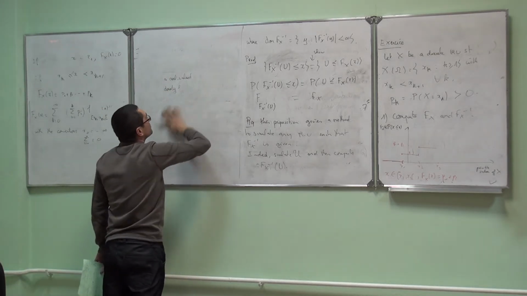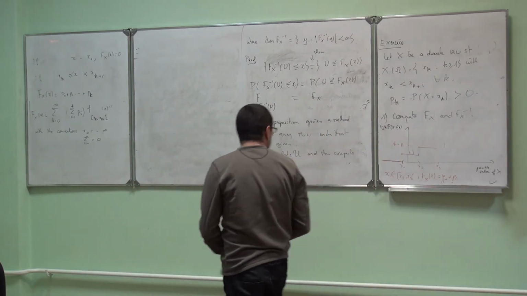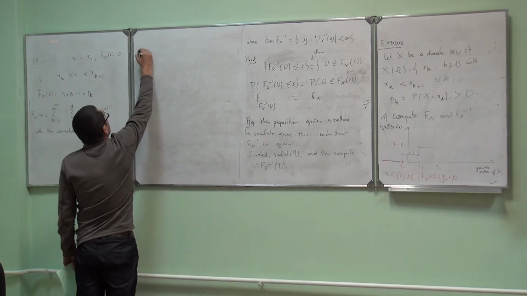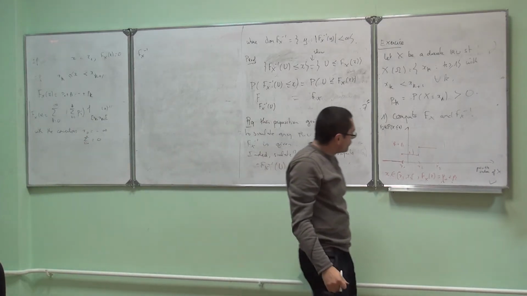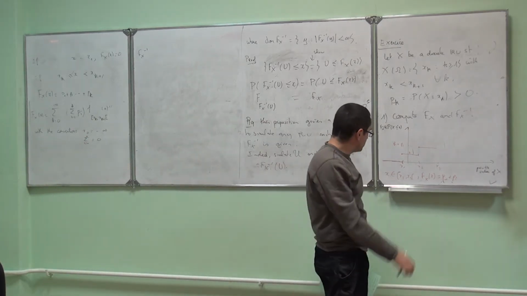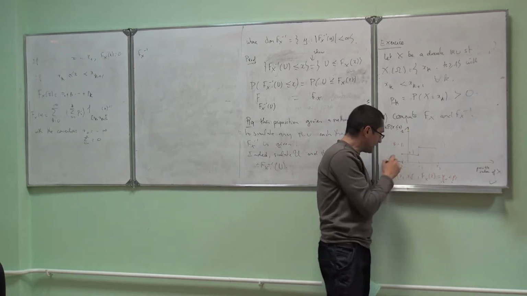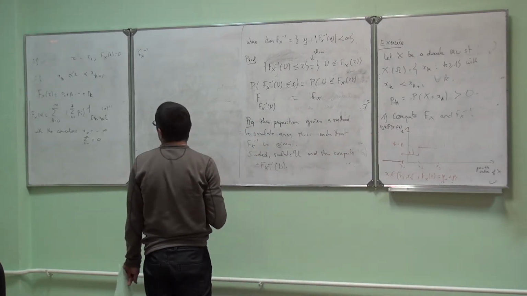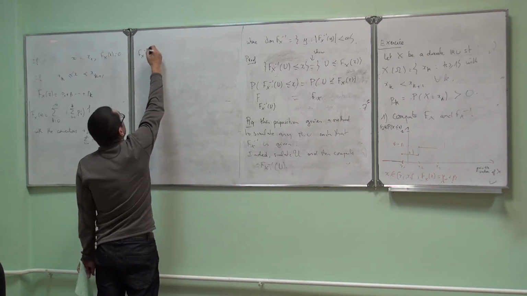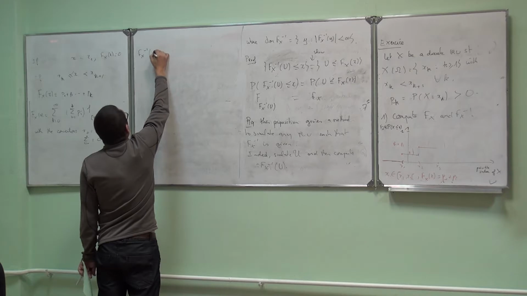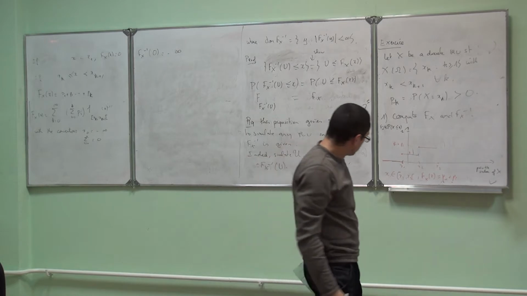Now let us compute the generalized inverse of this function, that is F_X^{-1}. So, F_X^{-1} of some y in the interval [0, 1]. Okay? F_X^{-1} of 0 is clear, this is minus infinity. I've already explained this.